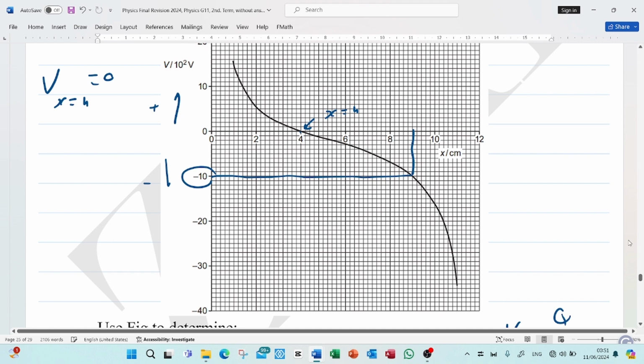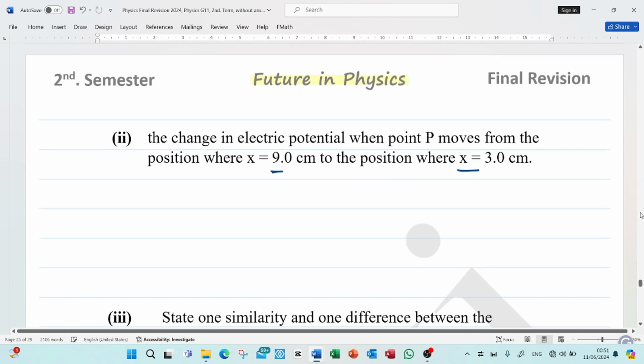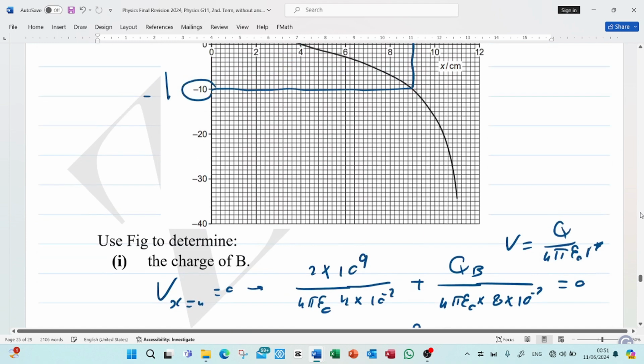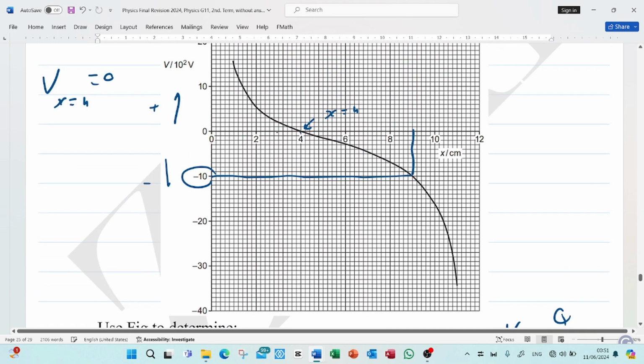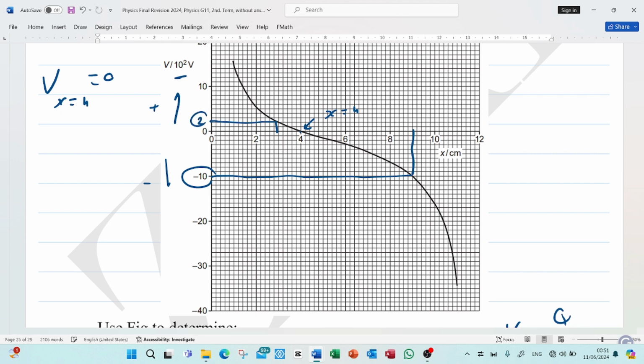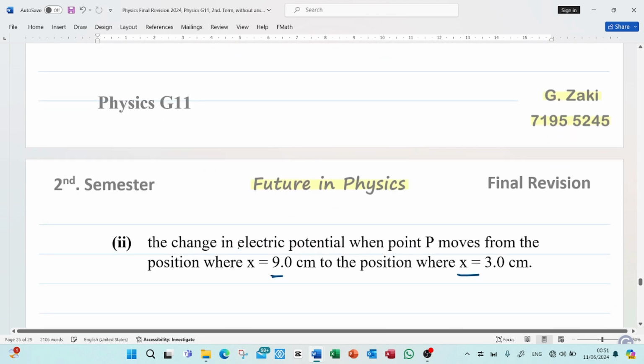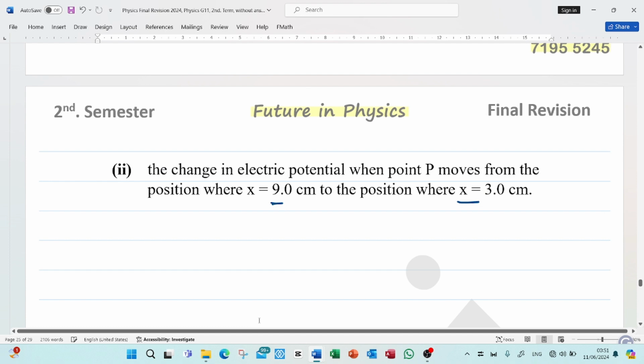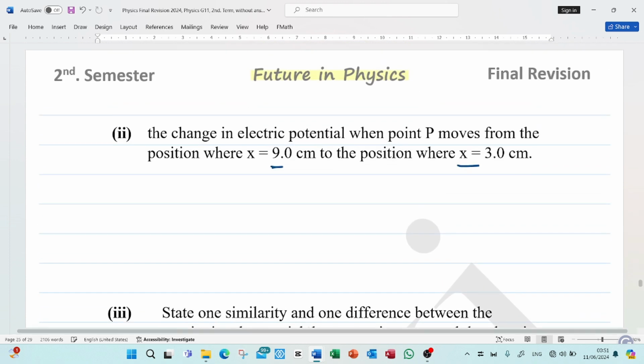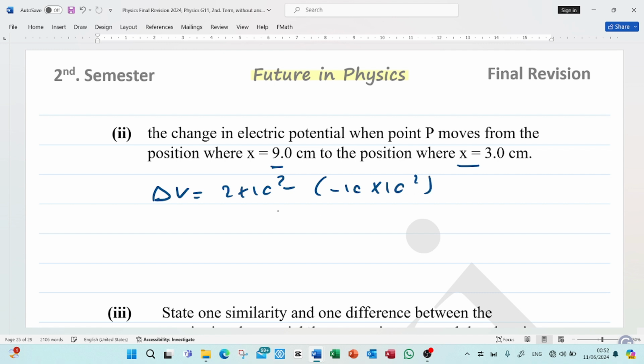And when x equals 3, that is in the middle between 4, so it will be here, this one is 2. 2 times 10 power 2, and this is negative 10 multiplied by 10 power 2. Then delta V equals 2 multiplied by 10 power 2 minus negative 10 multiplied by 10 to the power 2. The answer of this one will be 1200 volts.